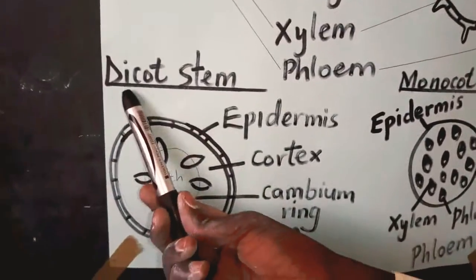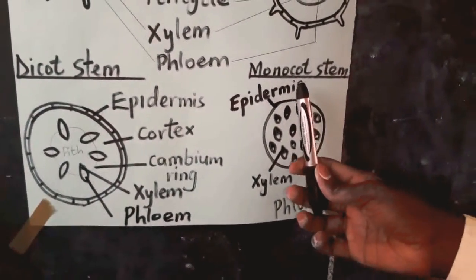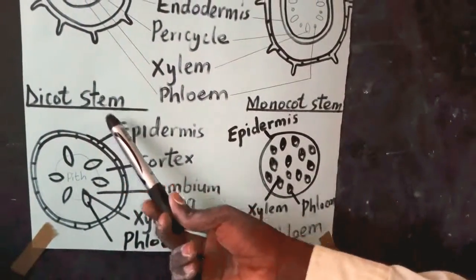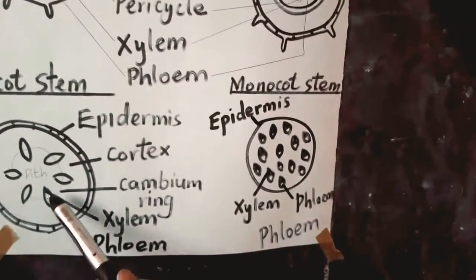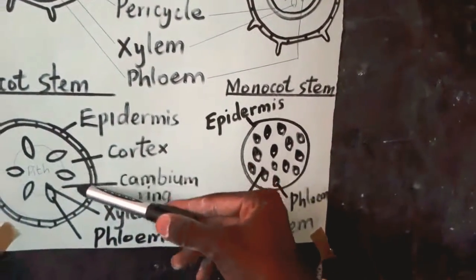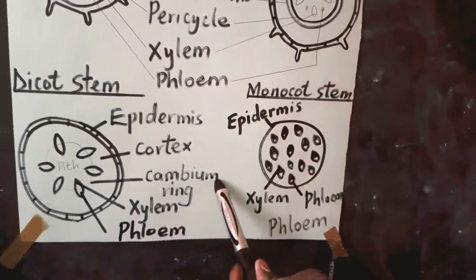We also have the stem of the dicot plant and the monocot plant, and when you look at the stem of the dicot plant, we have the vascular bundles, that is xylem and phloem, which are located on a structure called the cambium.